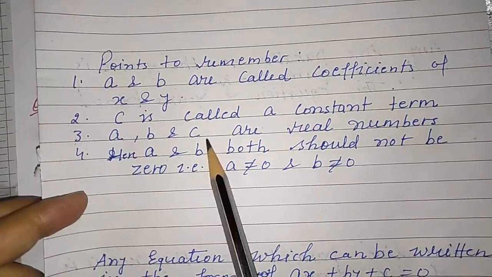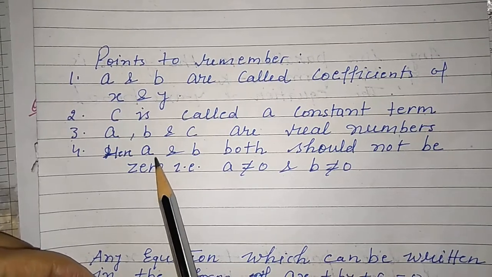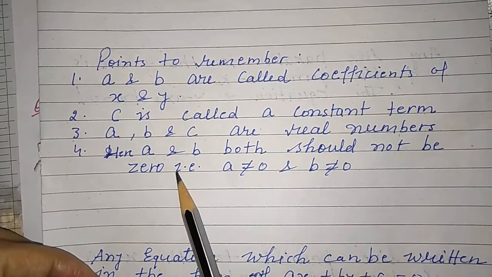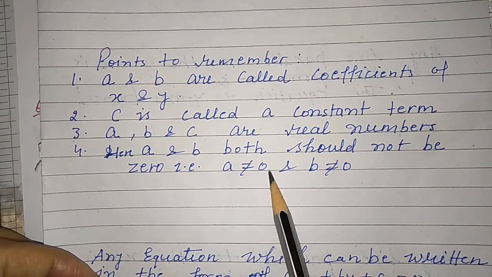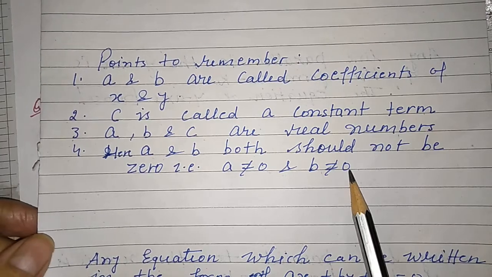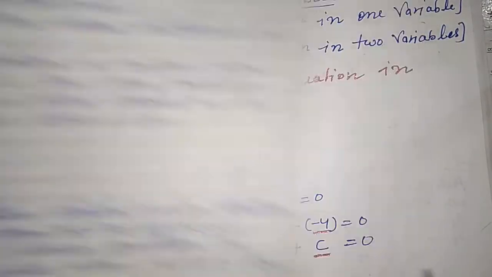A, b and c are real numbers, and the most important thing is that a and b should not be 0, that is, a is not equal to 0 as well as b is not equal to 0. Otherwise the equation will reduce to a single variable or to a constant term.